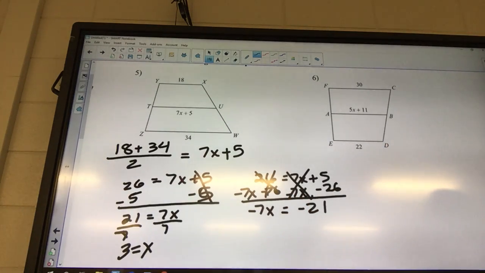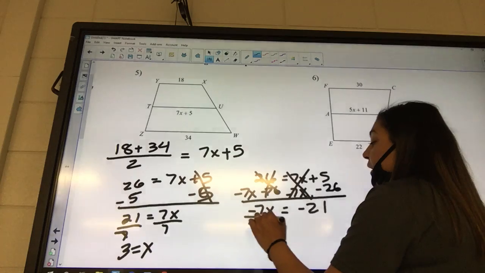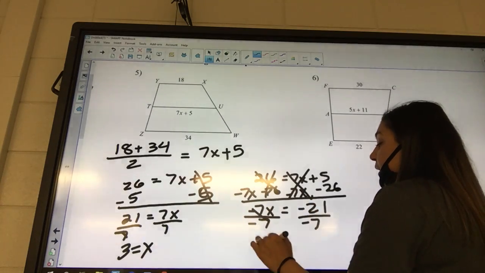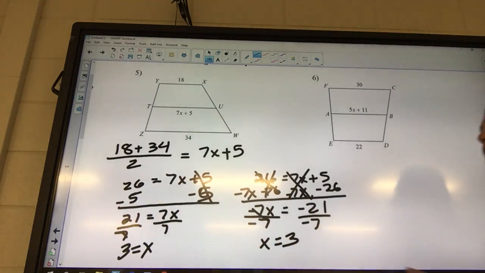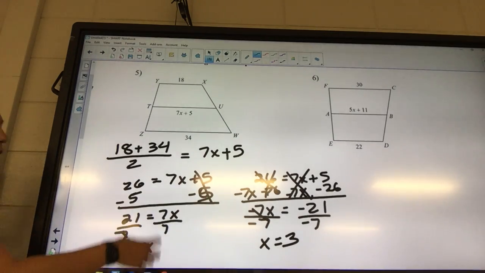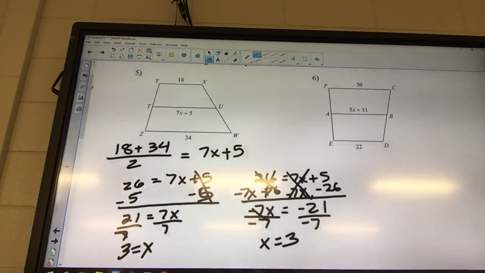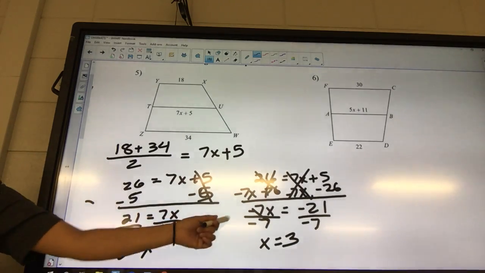And then negative 7 divided by negative 7, x equals 3. So it almost creates more work to move the letters to the left, whereas if you just leave the letters alone, it's going to create less work. Now your x is on the opposite side, and that's okay. It's not really going to matter, but either one of these options is okay.